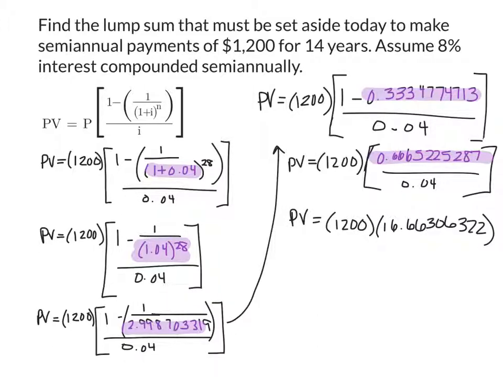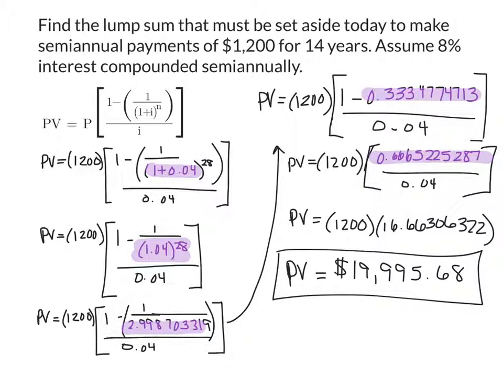And that value is 16.66306322. Then you'll hit the multiplication sign and multiply by 1,200, and we'll get a final value of $19,995.68. And remember to round to 2 decimal places. And that is our present value, or the lump sum needed today.